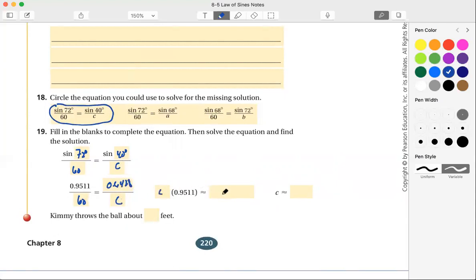We're going to cross multiply. Using the calculator, we get c is approximately equal to 40.6. So Kimmy throws the ball about 40.6 feet.